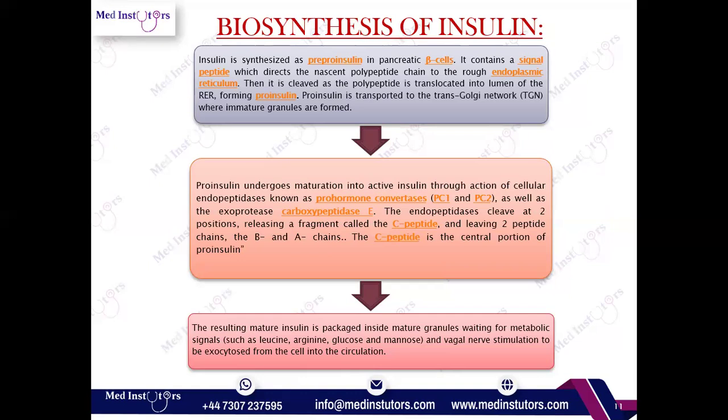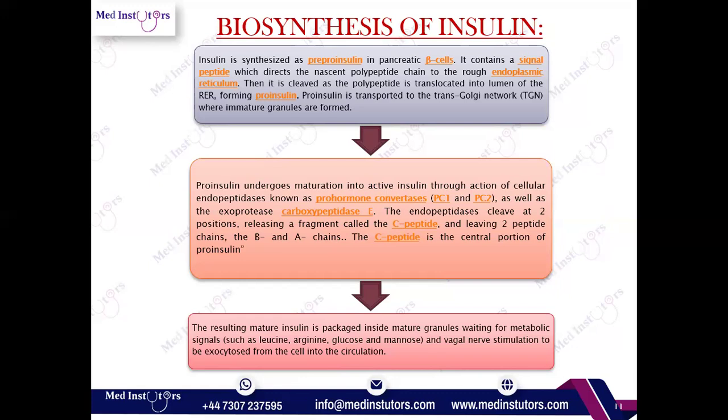The proinsulin is then transported to the Golgi apparatus, the trans-Golgi network, where the immature granules are formed. So initially we have the pre-proinsulin, which goes into the rough endoplasmic reticulum and becomes proinsulin.